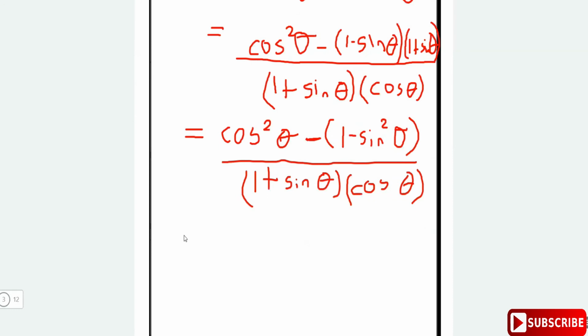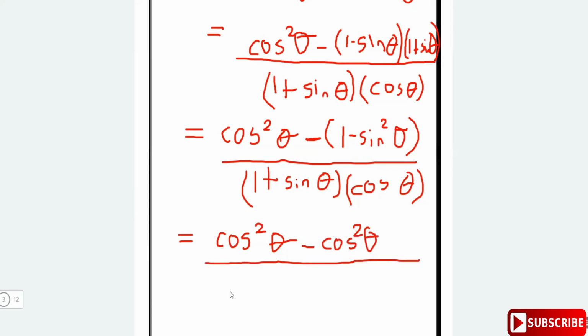So this is going to become cos square theta minus cos square theta, divided by our denominator of 1 plus sine theta multiplied by the cosine of theta.